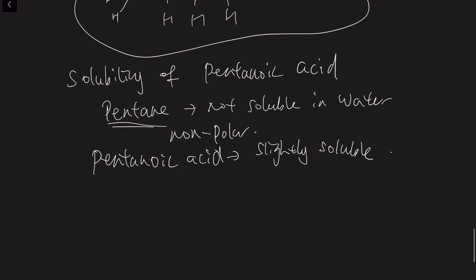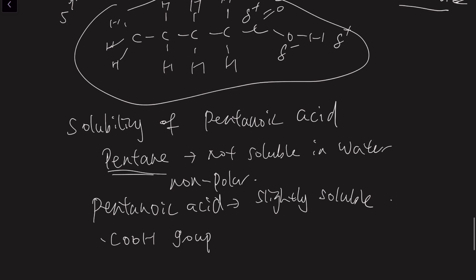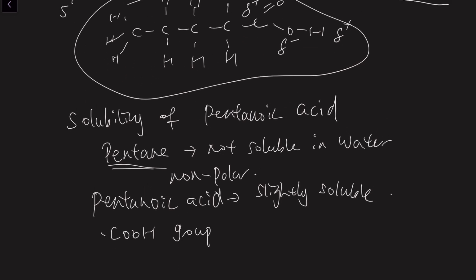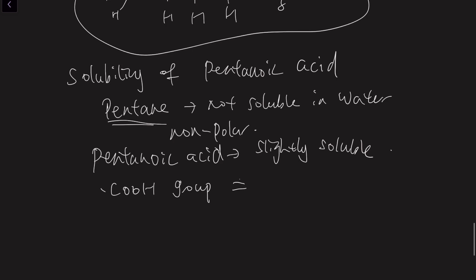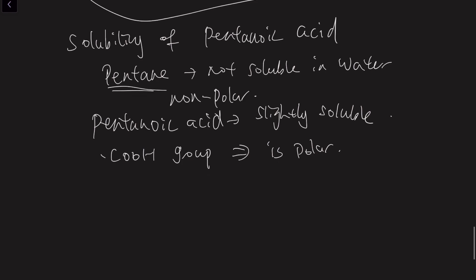Because the COOH group, this is partial negative, partially positive, partially positive. The COOH group has very electronegative oxygen. So the COOH part is polar. And this enables the acid to interact with water via dipole-dipole interaction.